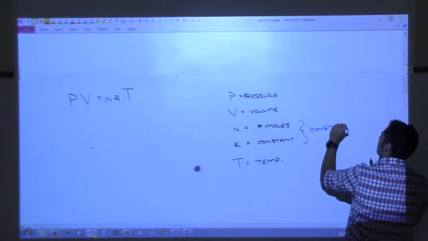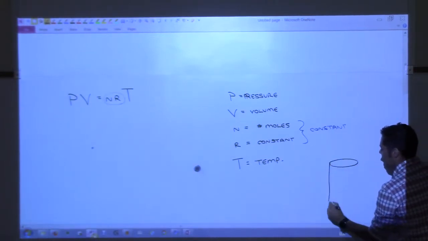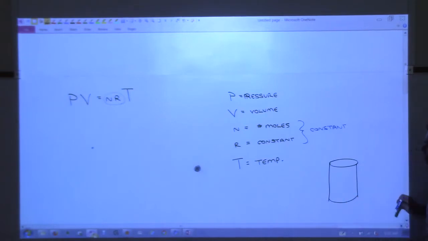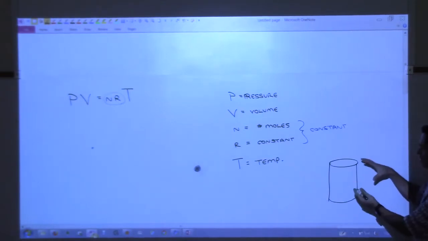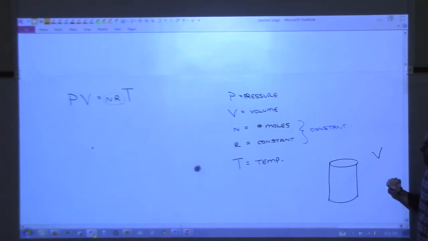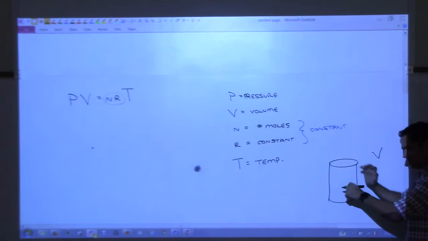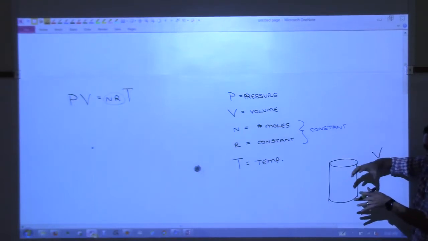Oh, and I need to explain what's going on here. You have a container, some sort of vessel, let's say it's a cylinder. This container has a volume to it. That's how much material it can hold. You have some substance in here, and you close it off, completely shut it, put the lid on it, tighten it down.